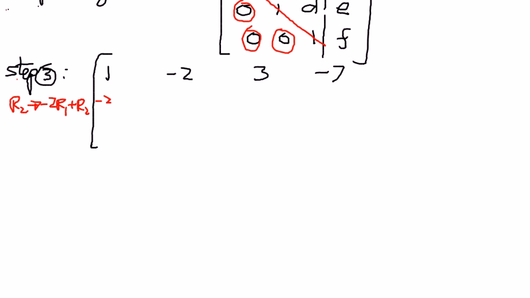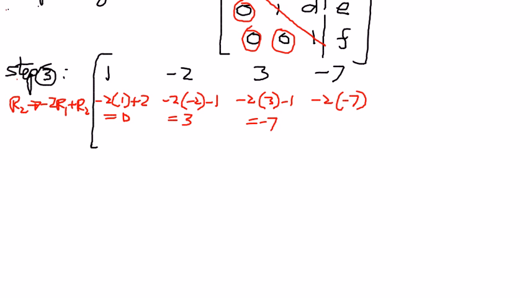So the way we can write that out is as follows: -2 times 1 plus 2 is equal to 0. Then -2 times -2 minus 1, which is +4 plus -1, is equal to 3, and then -2 times 3 minus 1, so -6 plus -1, is equal to -7, and then -2 times -7 plus 7, which is +14 plus 7, will be equal to 21.